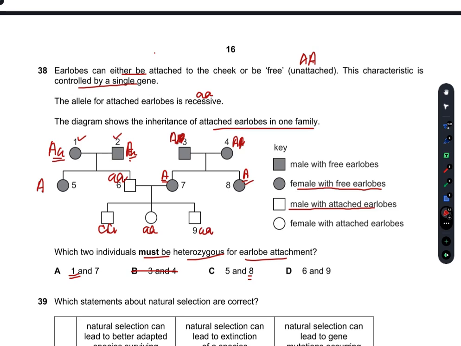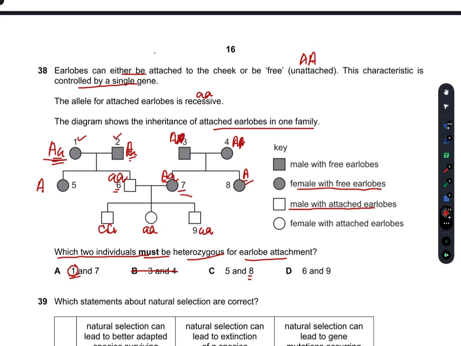So this 6 is a homozygote, and this 7 here definitely must be a heterozygote, because one is a heterozygote, as I had proved earlier.